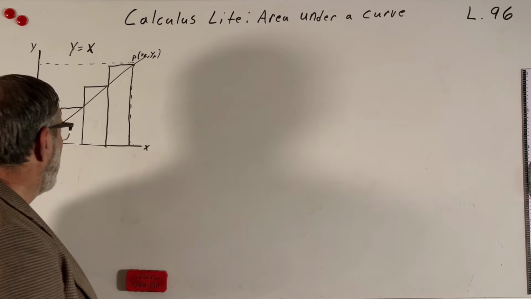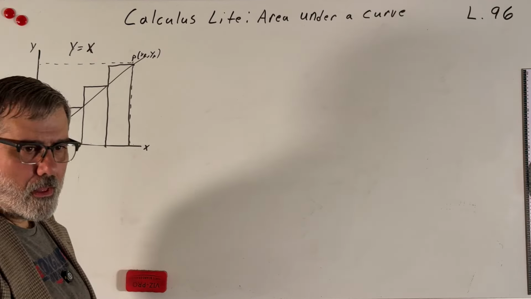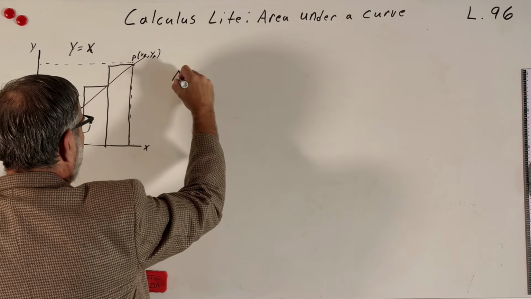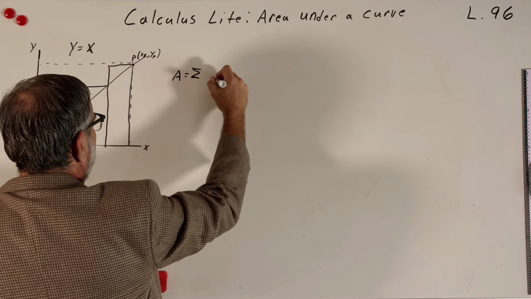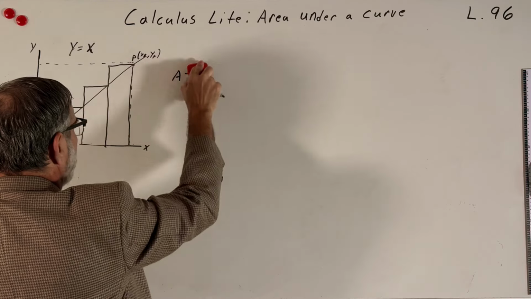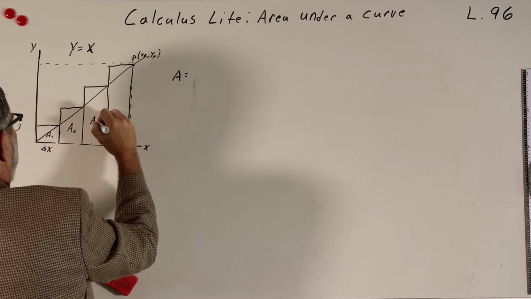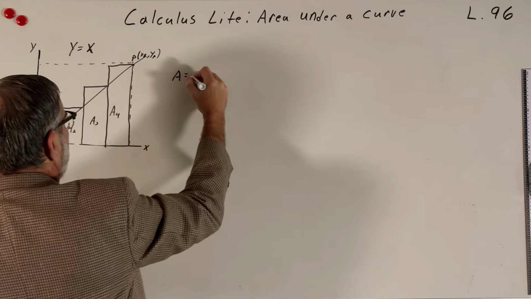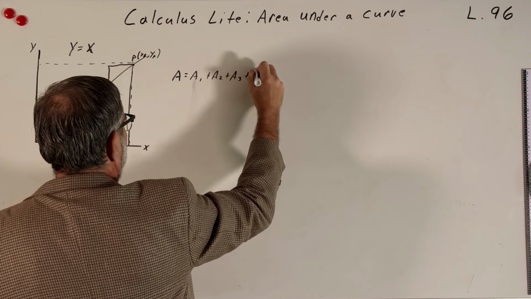So the height will be y times this delta x. That'll be the area of this rectangle. And so I'm going to calculate the area as the sum. We'll call this A1, A2, A3, and A4. This is just A1 plus A2 plus A3 plus A4.